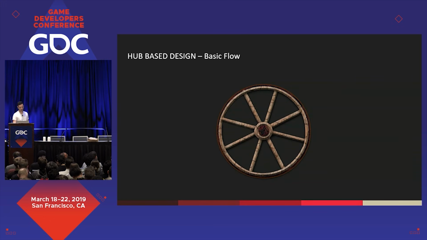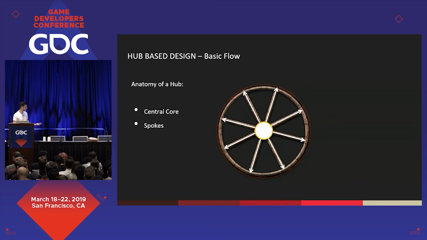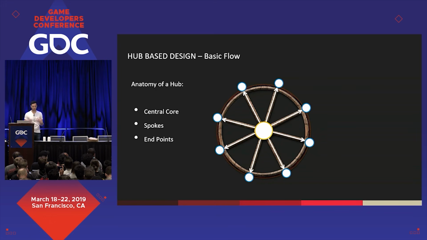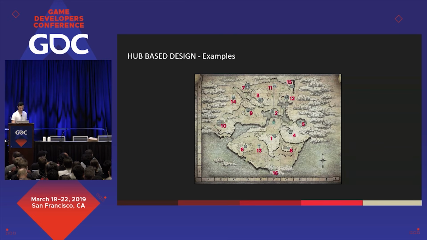Using our definitions, we can run that through a quick sanity check: central core, spokes, and endpoints. Or in level design terms, you might recontextualize these as a centralized site, pathways, and maybe the endpoints are destinations or levels or dungeons or something like that.